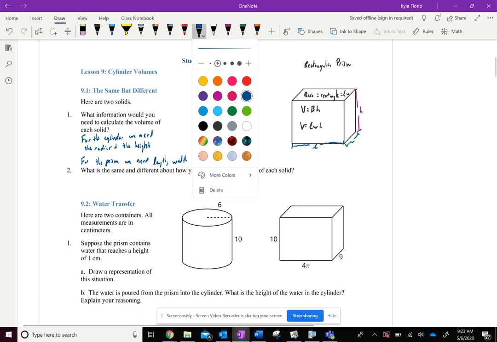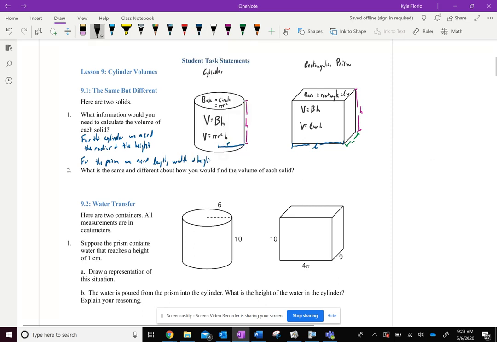Well, let's see. I would say for same, both use the formula base times height. What's different? They have different bases.